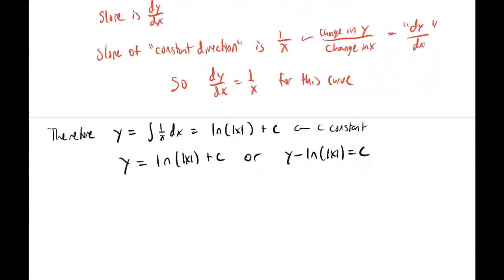And so what we just showed is that along this curve, the function u remains constant, for any choice of c.